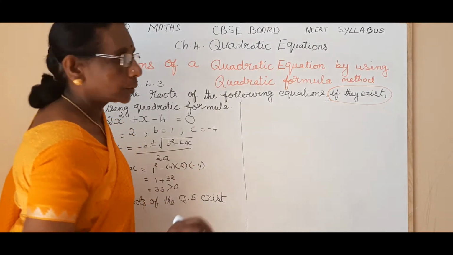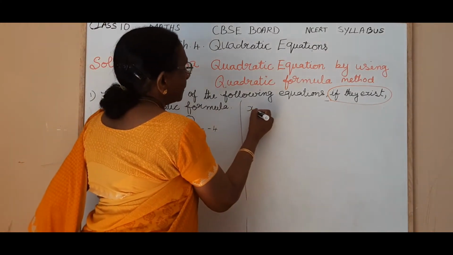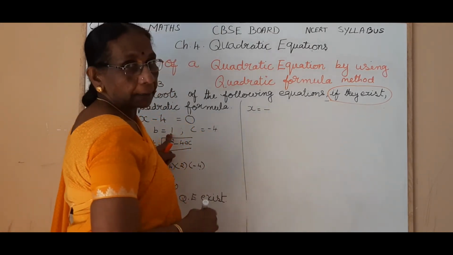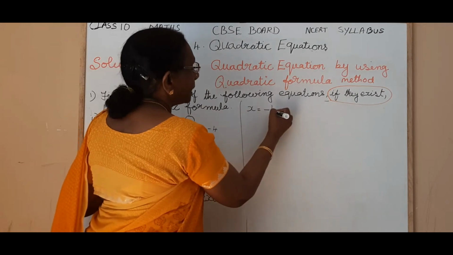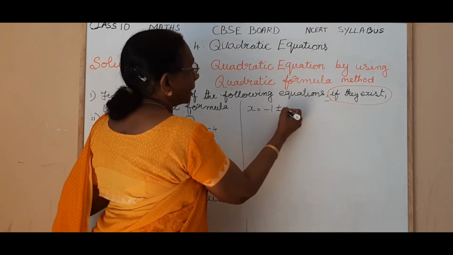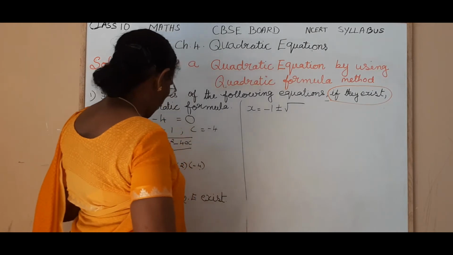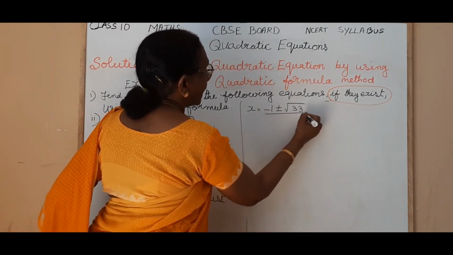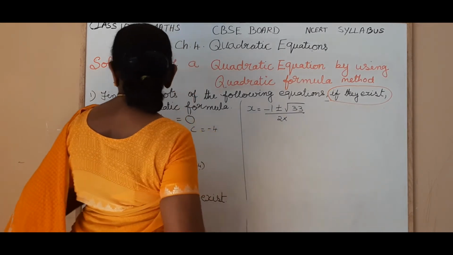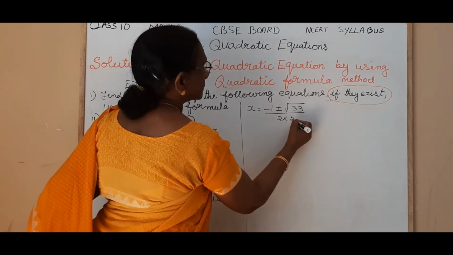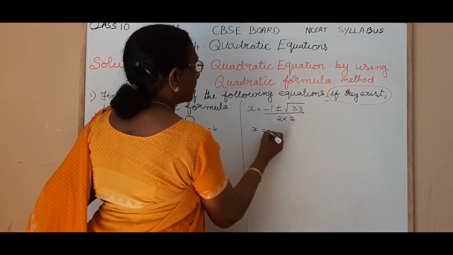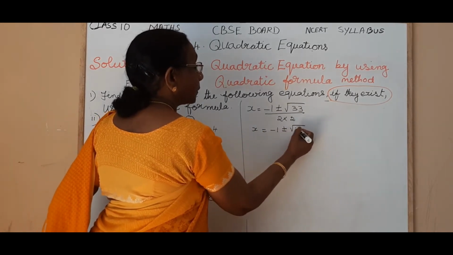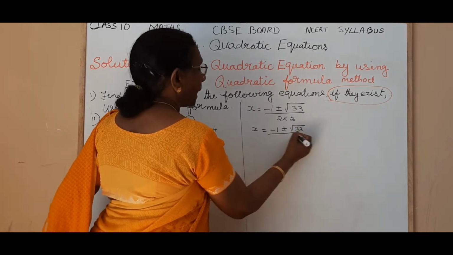You can find the roots. x is equal to minus b. So minus of b is what? Minus 1 plus or minus root of 33 by 2a, 2 into 2. So x is equal to minus 1 plus or minus root of 33 by 4.